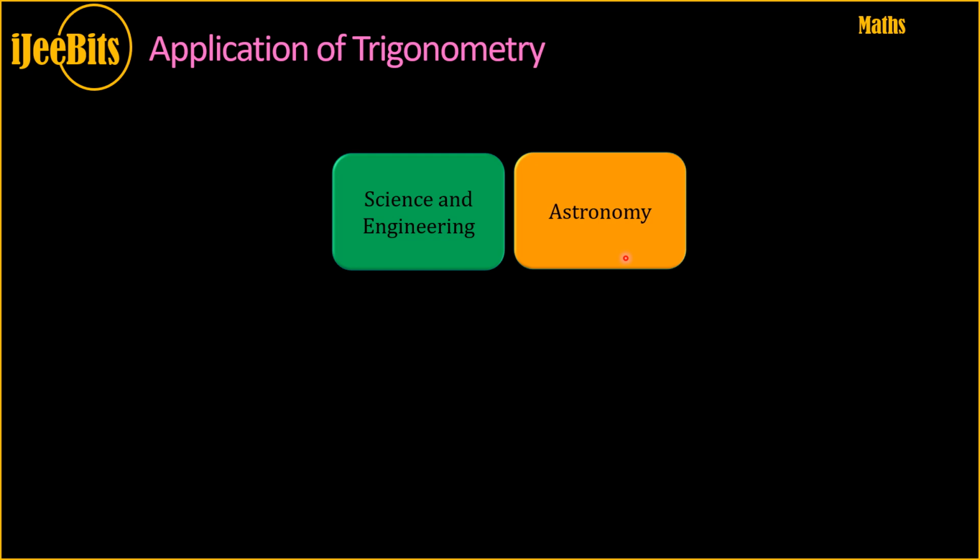You are not going to go to the stars to find the distance between stars and moons. So how are you going to measure the distance between the stars, or between the planets and the stars? That sort of application is achievable using the concept of trigonometry. How beautiful, right?